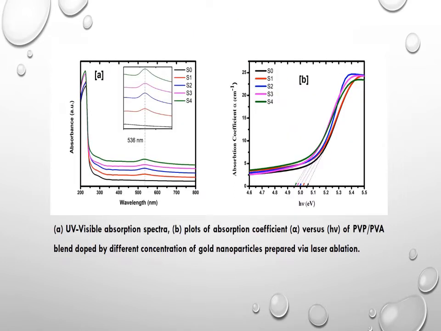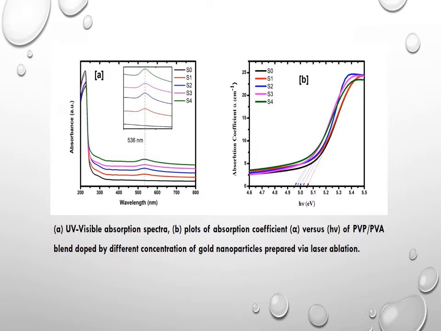The optical properties: A represents the UV-visible absorption spectra, and B the absorption coefficient alpha versus h nu of the PVB/PVA blend doped by different concentrations of gold nanoparticles prepared by laser ablation. The spectrum of PVB/PVA shows the presence of a peak at 220, related to the electronic transition between the n state and the pi star state.